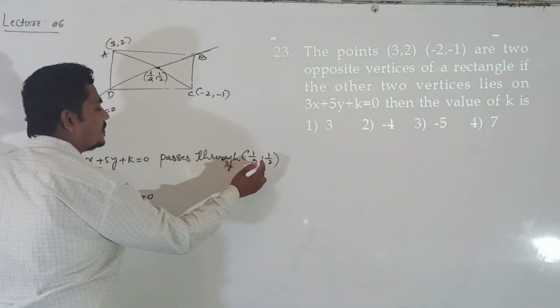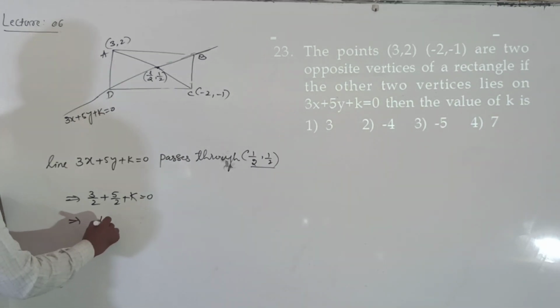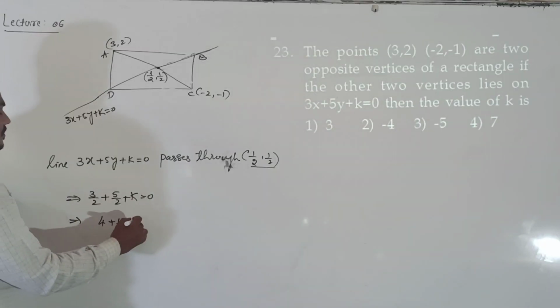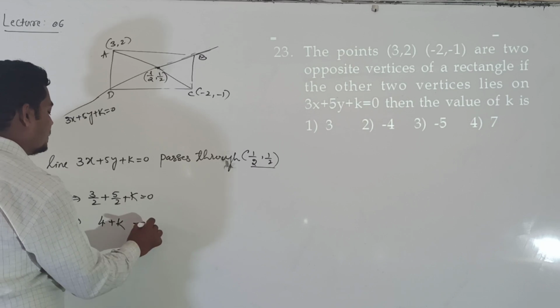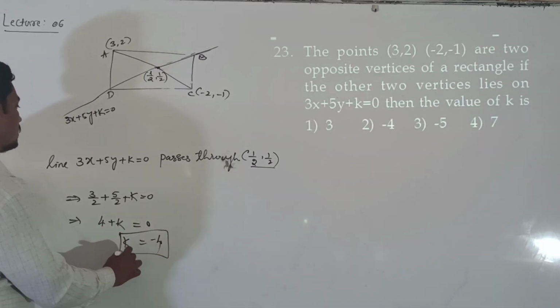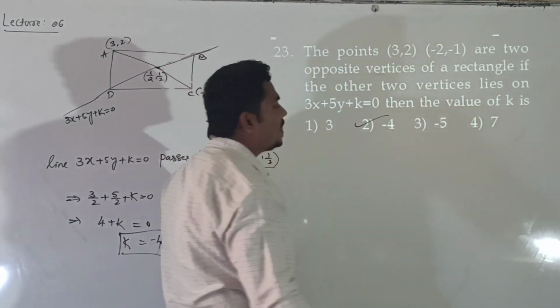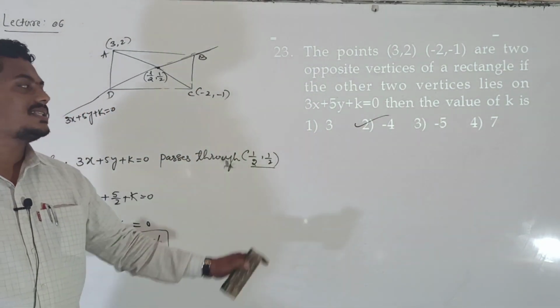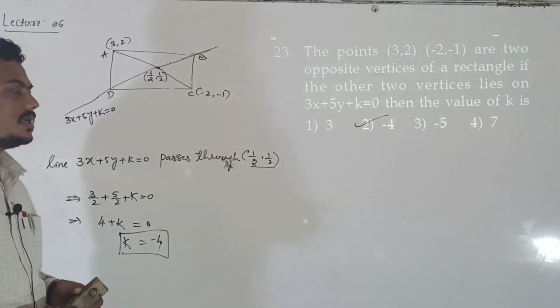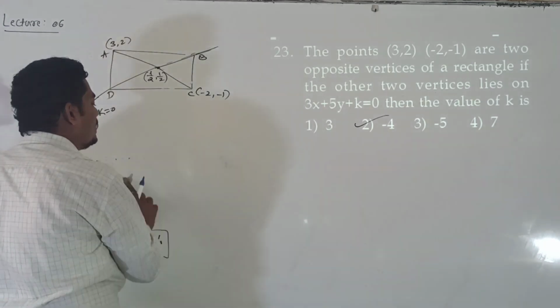After simplification it will be 4 plus k equal to 0. Therefore k is equal to minus 4. The other two vertices lie on this line, right? The k value is minus 4. Next question.